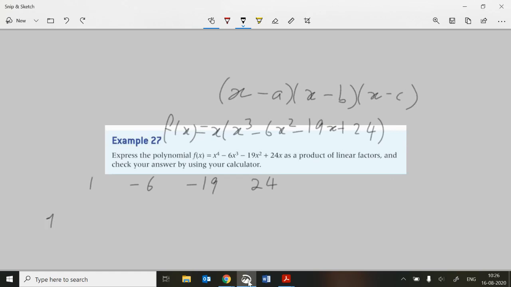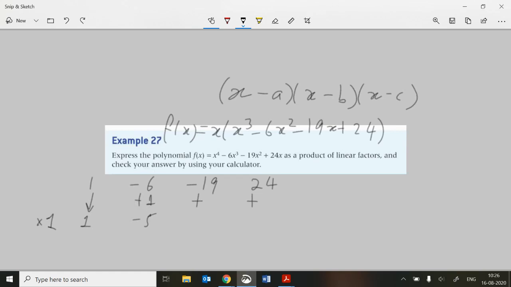So we want to substitute 1 in. Of course, that's Horner's algorithm again. And we're taking the 1 down. Remember, we're putting our pluses in front of these. So we'll take the 1 down here, and 1 times 1 is 1. And then we're getting minus 5 there.